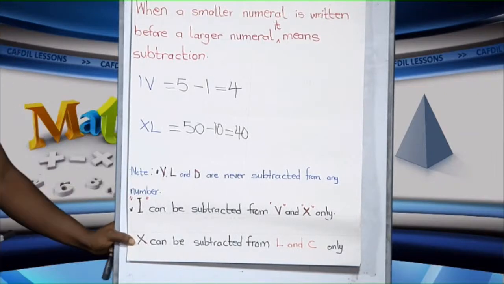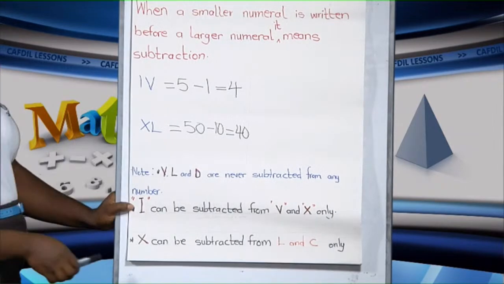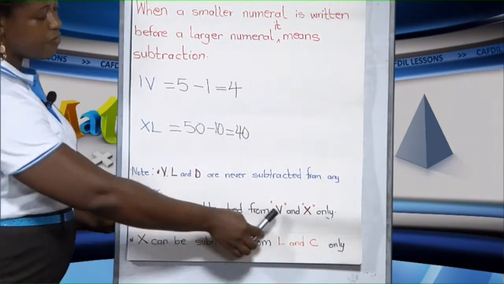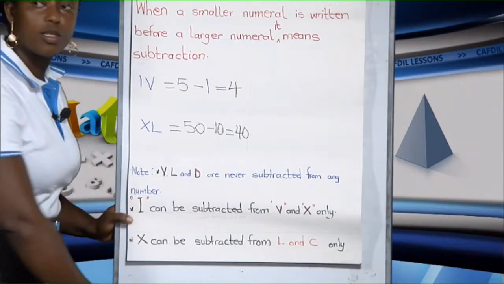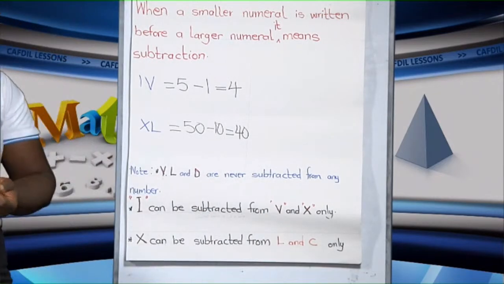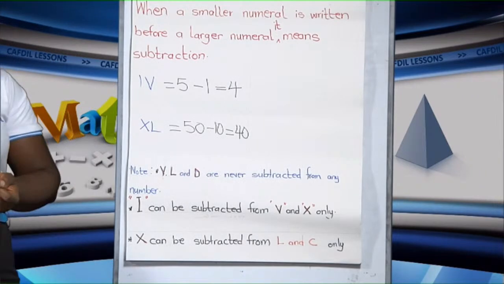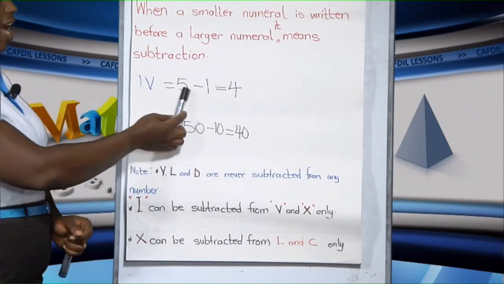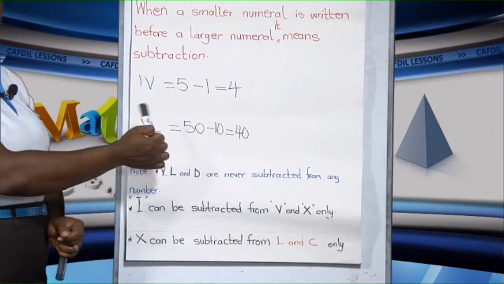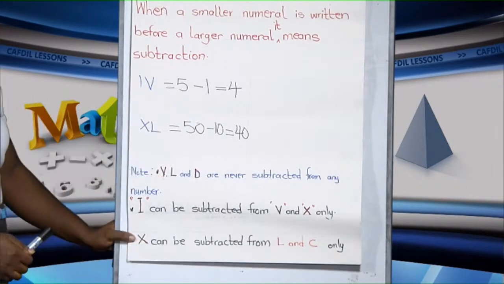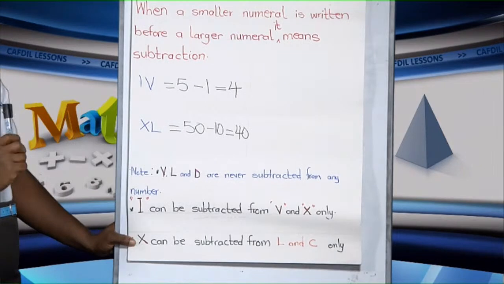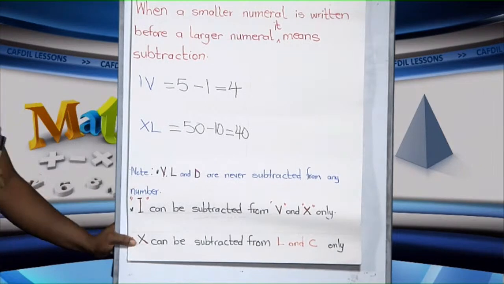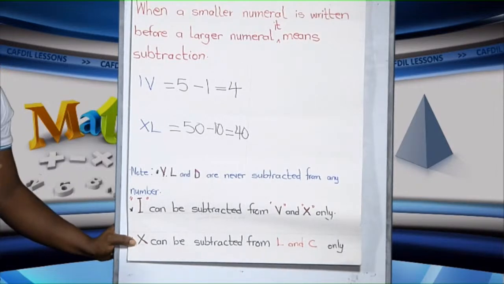Okay, the next one. I can be subtracted from V and X only. Like IV is 5 minus 1. So we subtracted I from V. So the I can be subtracted from V and X only. The rest of the symbols, you can't subtract I from them.